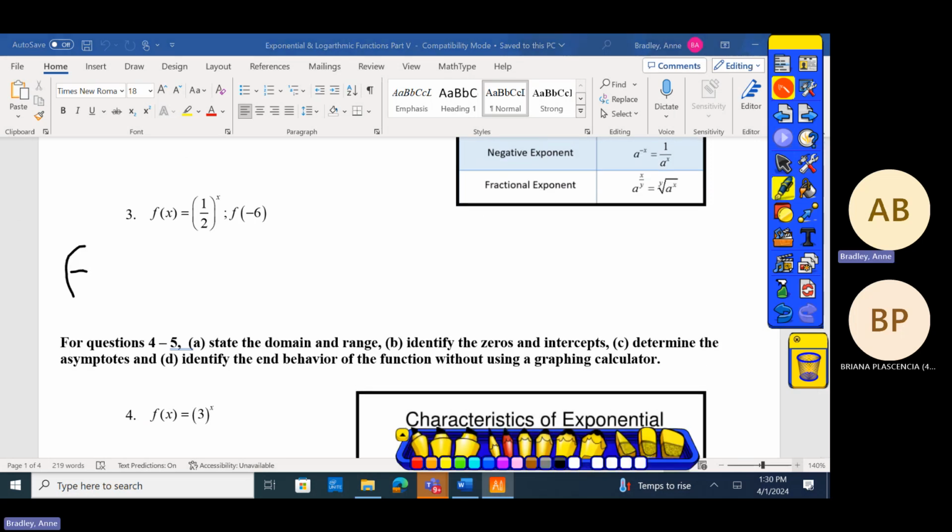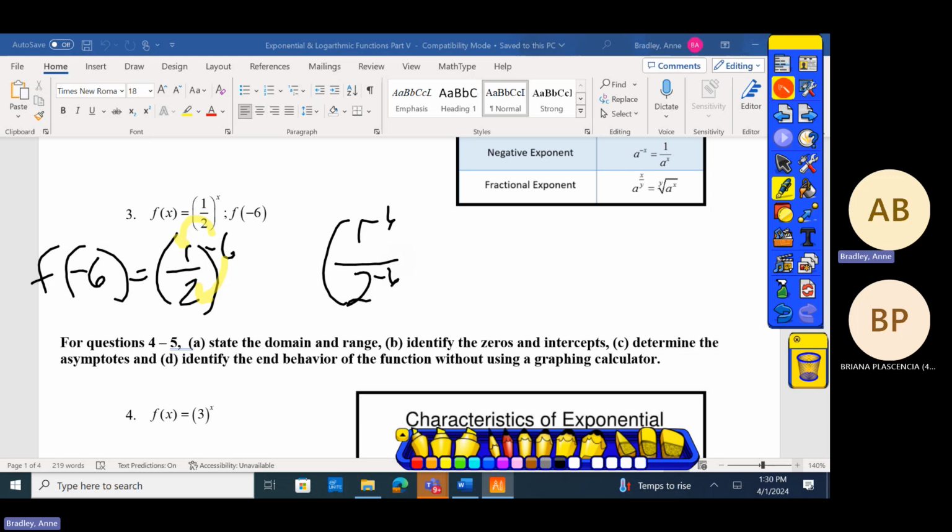Let's look right now at number 3. So I'm going to input in -6. So I have 1/2 raised to the -6. And keep in mind, we want to distribute the -6 both to the 1 and to the 2. And so I have 1 to the -6 over 2 to the -6. This says I'm not happy, so I'm going to go to the bottom, and now the exponent's happy. And likewise, the 2 isn't happy on the bottom, so it goes to the top.